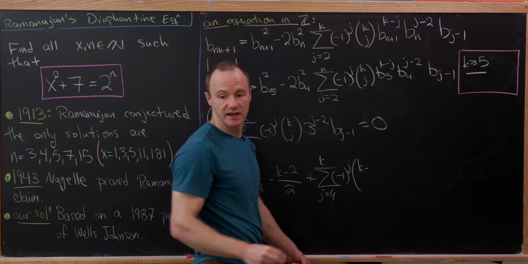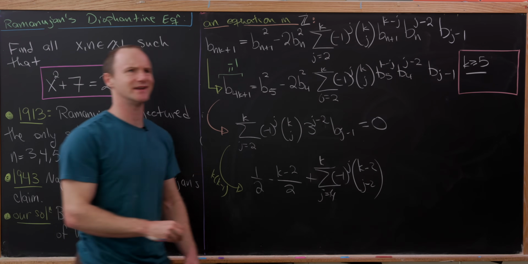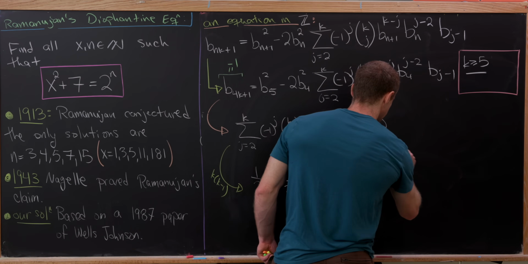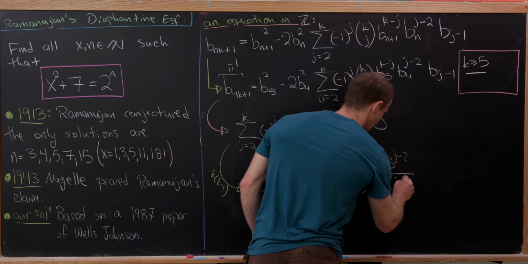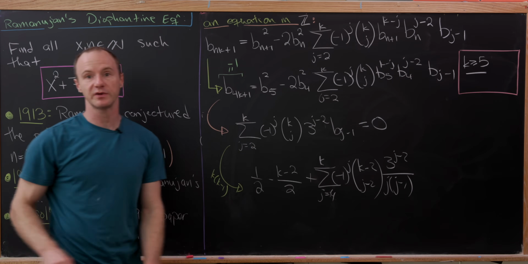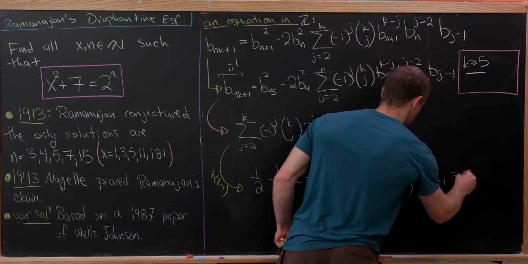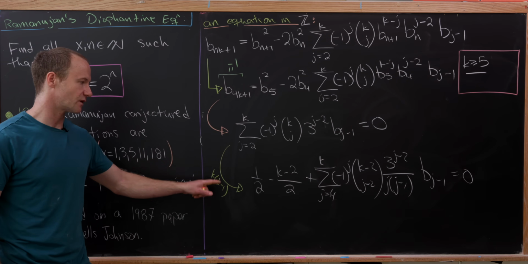This is now k minus 2 choose j minus 2 by some binomial coefficient identities, and then 3 to the j minus 2 over j times j minus 1, again because of those binomial coefficient identities, and then b sub j minus 1 equals 0. So just to reiterate, that's from dividing by k times k minus 1 and pulling out the first two terms.